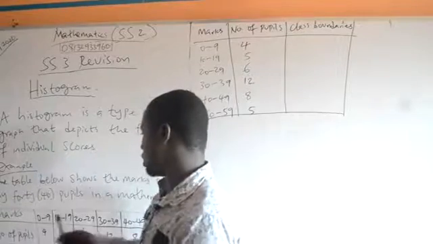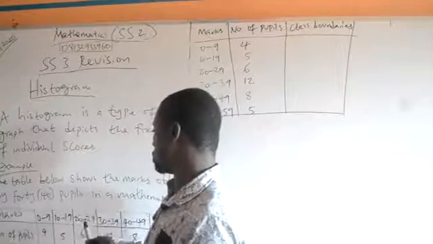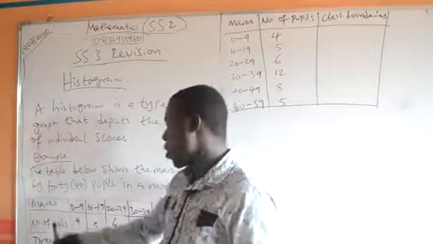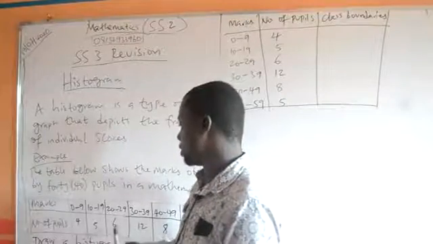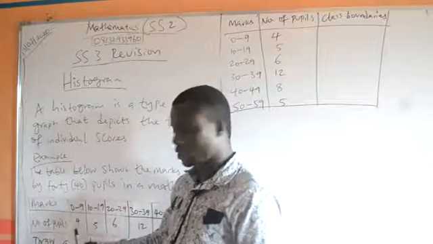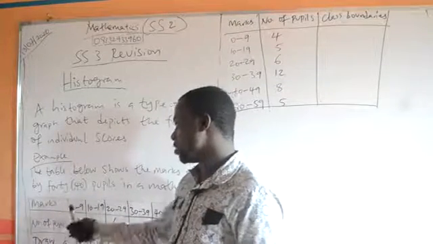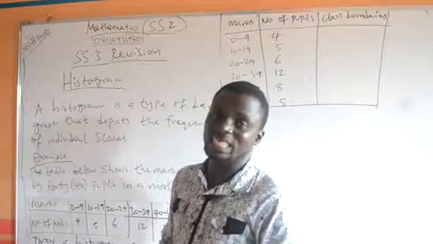These are the marks from 0 to 9, 10 to 19, 20 to 29, and so on. The number of pupils means the frequency. For this, it means from 0 to 9, 4 people fall within this range. This to this, 5 people fall within this range. Another name for this, I told you in the last class, is class interval.